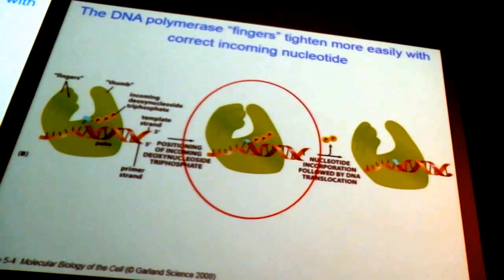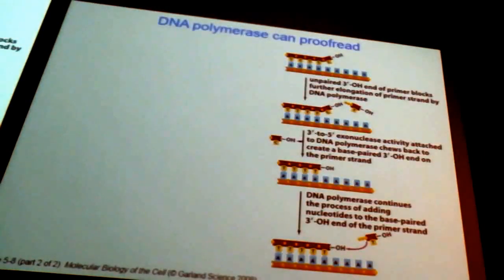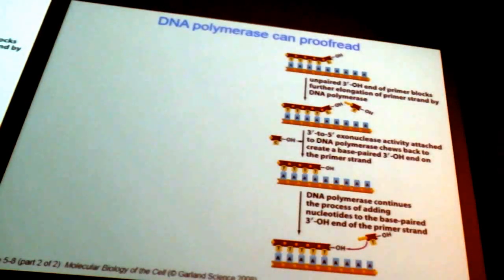The second different thing is, let's say accidentally some other base came in, that can be excised and repaired. So what's shown here on the right is right at the end you have C instead of A in a stretch of A. Now that's not fully base paired, and that is not compatible with polymerase extension.